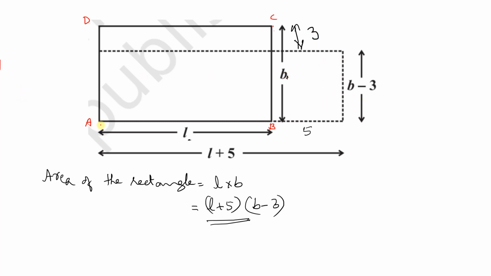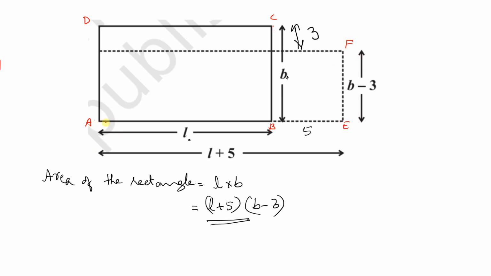Now, the length of this ABCD is extended by 5 units. Then how will you write this? If the length AB is L and it is extended by 5 units, let me consider the new rectangle as AEFG.